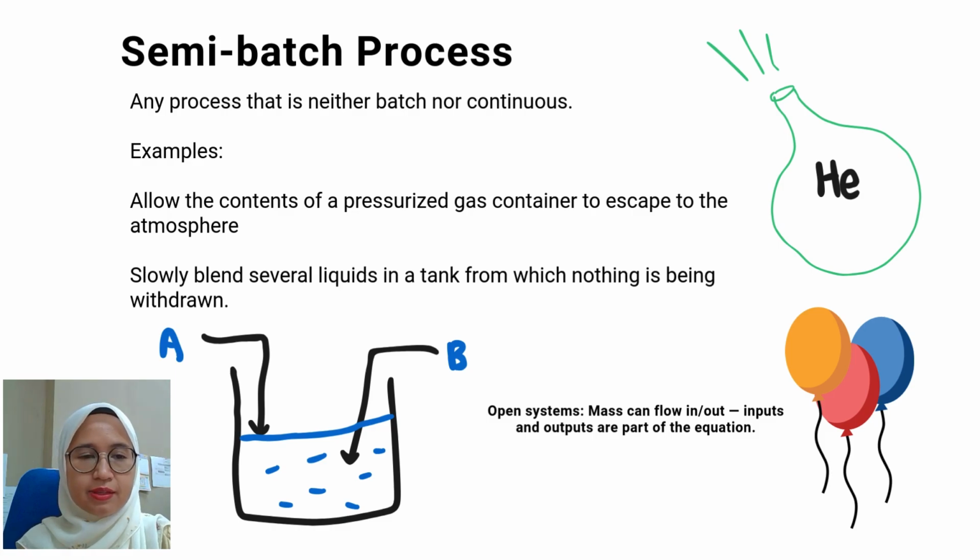And the second example, a tank where there is only an inlet of component A and component B is blended into the tank, and nothing is withdrawn. So this semi-batch process has only an inlet or an outlet. This process, semi-batch, is always an open system and an unsteady state process.